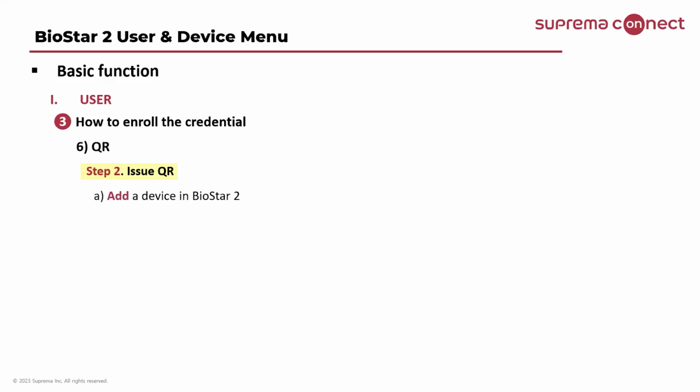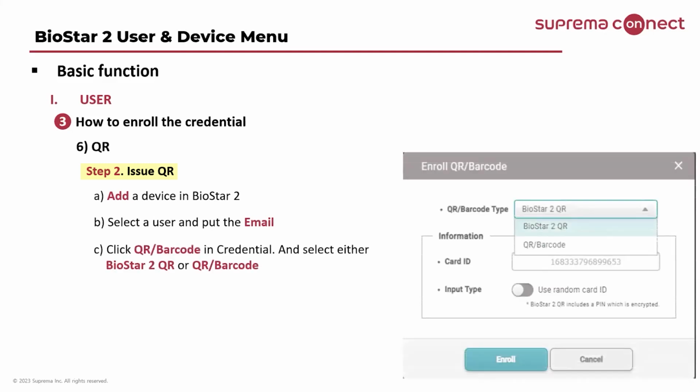Step 2. Issue QR. Firstly, add a device to be used for authentication in BioStar 2. Then select a user and put the email address, and click QR barcode icon in the credential, and then select either BioStar 2 QR or QR barcode.